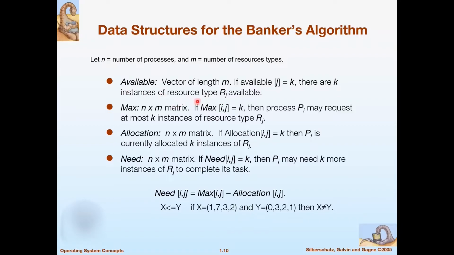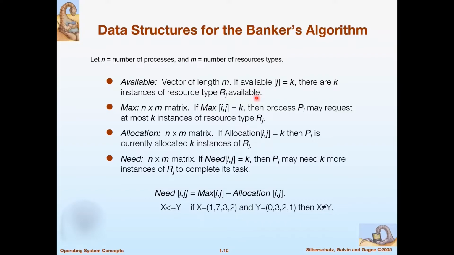So the first data structure is Available, which is a vector of length m. If Available[j] is equal to k, then k instances of resource type Rj are available. That we have to understand by this Available data structure.